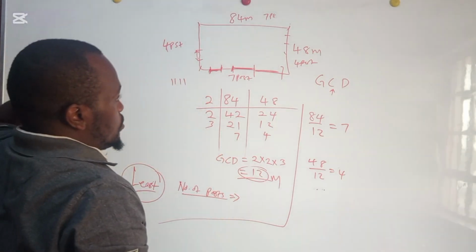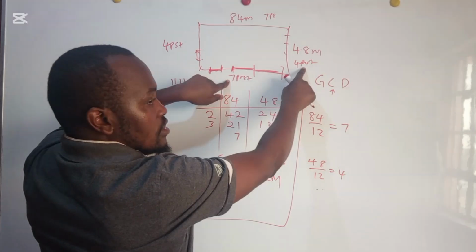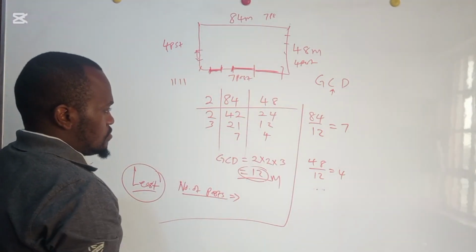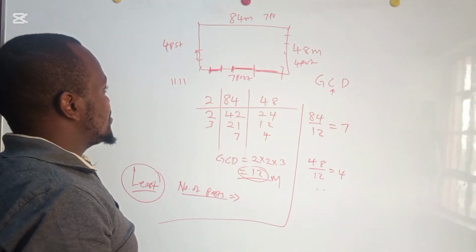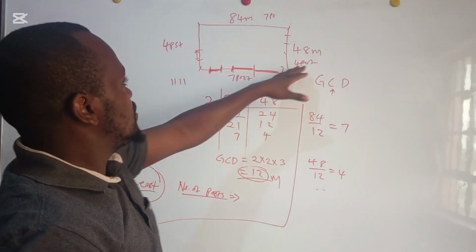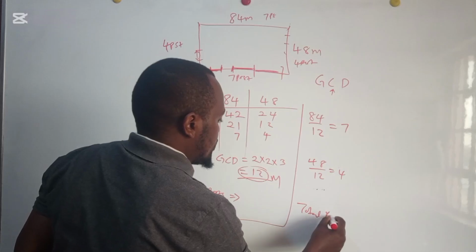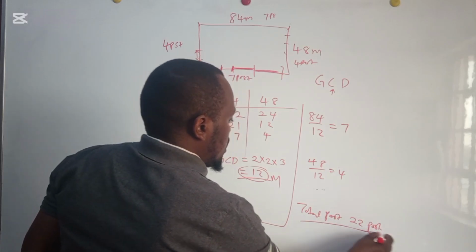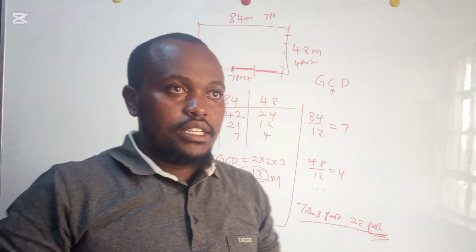So the total number of posts is 4 plus 7, 11, plus 4, 15, plus 7, 22. So total posts, 22 posts. It's important to understand how the question can be twisted.